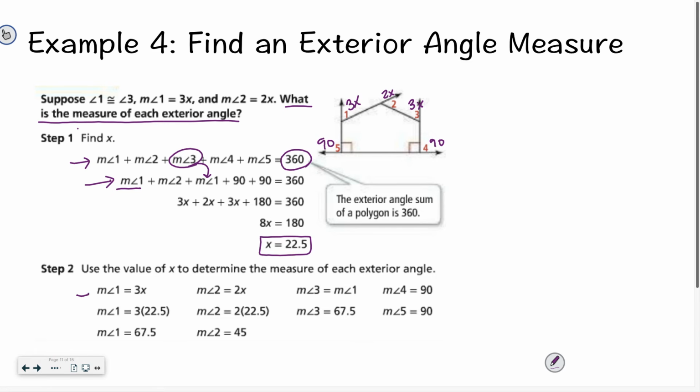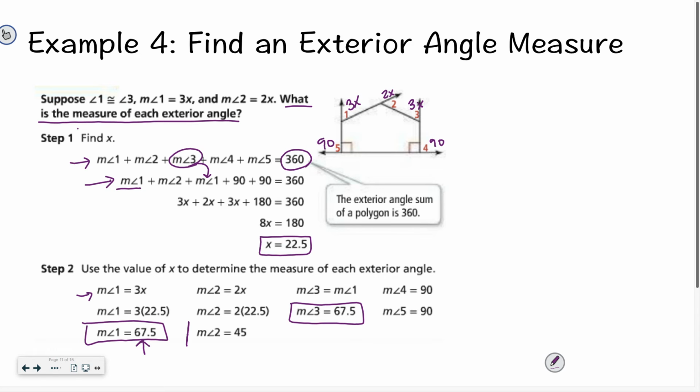So if I look at the measure of angle 1, 3x, 3 times 22.5 gives me 67.5. So I know that the measure of angle 1 is 67.5, and measure of angle 3 is congruent to that, so I know measure of angle 3 is also 67.5. Measure of angle 2 equals 2x, so I'm going to say 2 times 22.5.